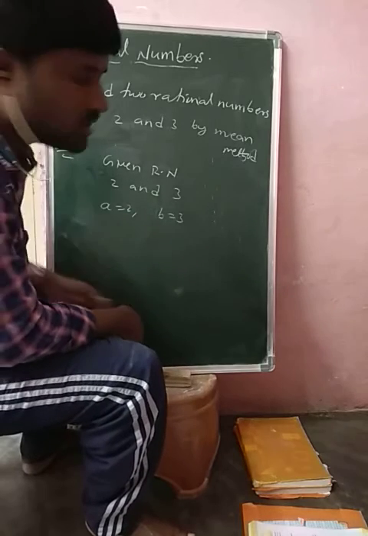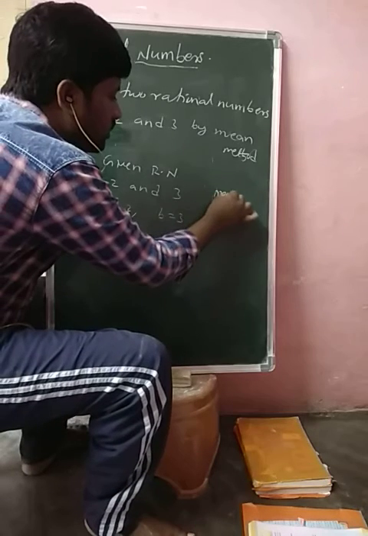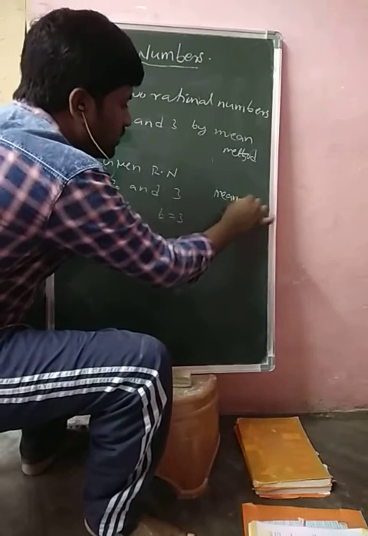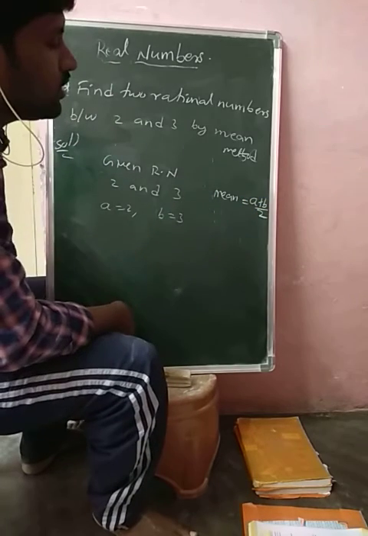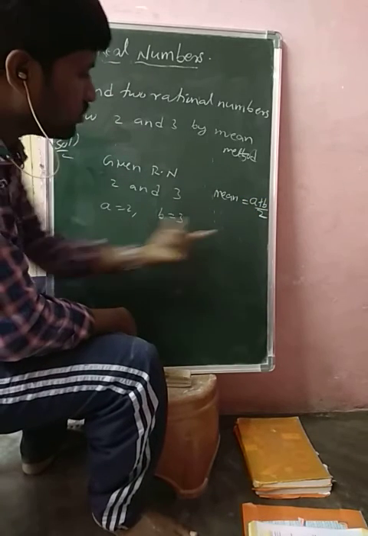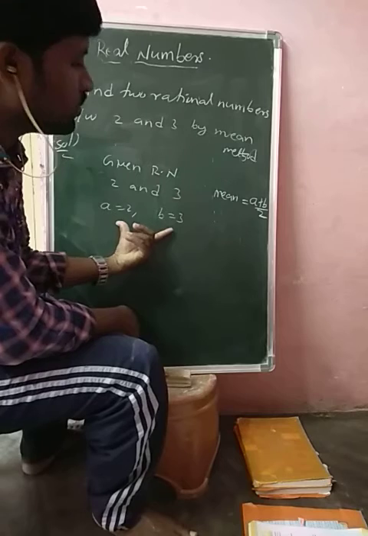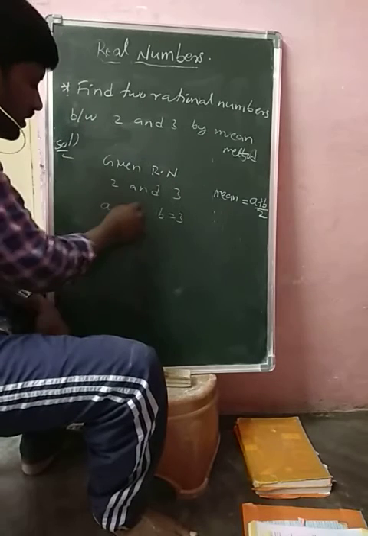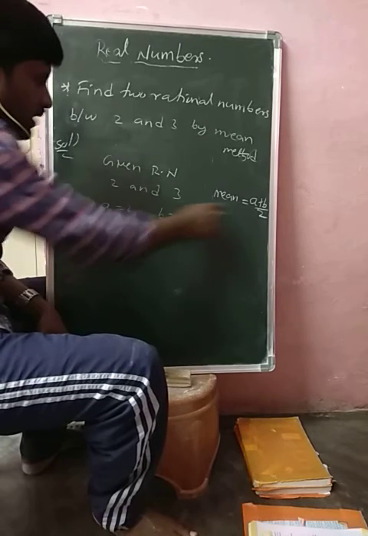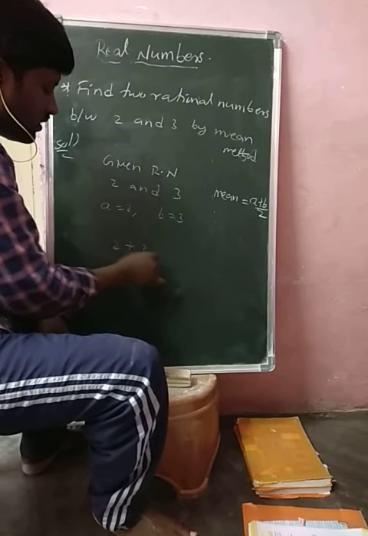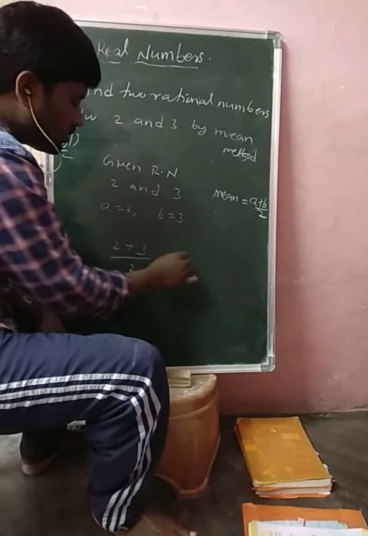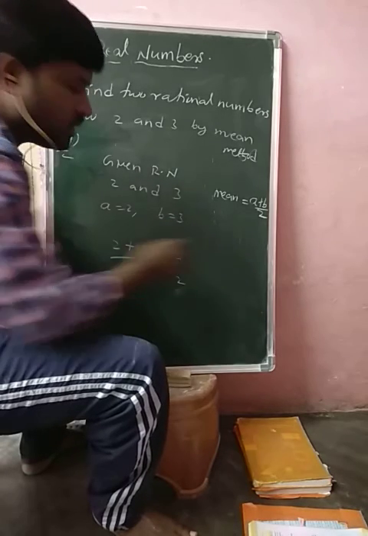In the mean method, that is the average, that is (A plus B) by 2. So you just add these two and take the average of these two numbers. A means 2 plus B means 3, that is equal to 2 plus 3 means 5 by 2.